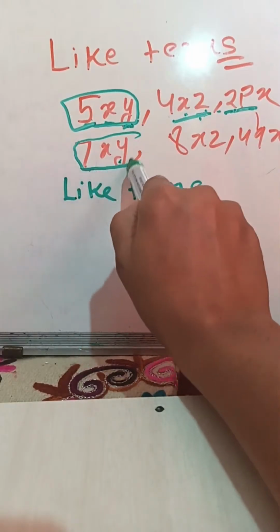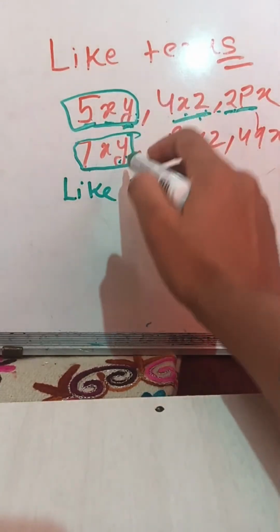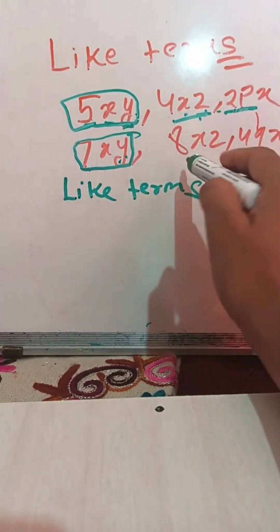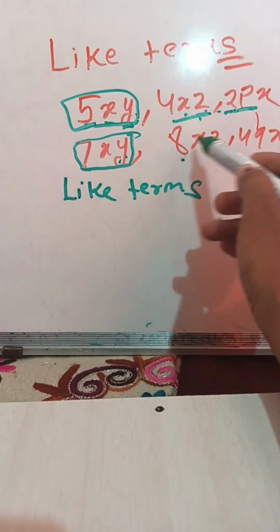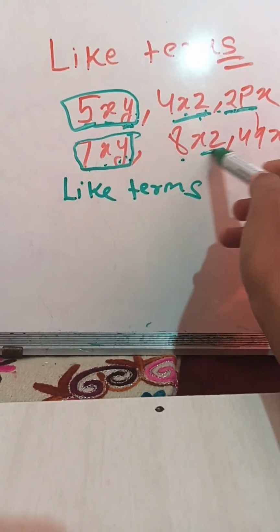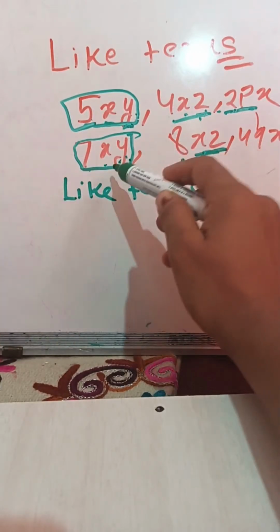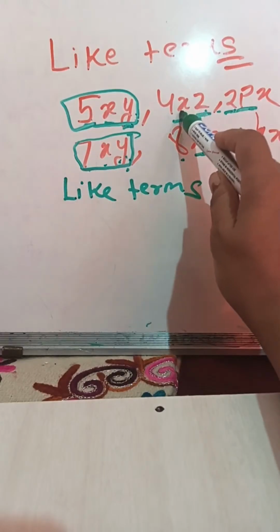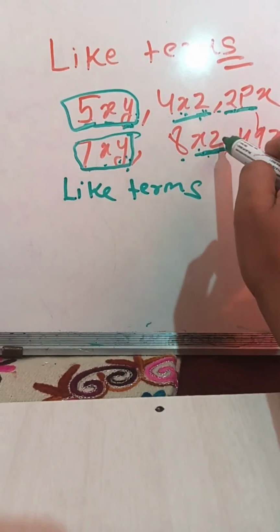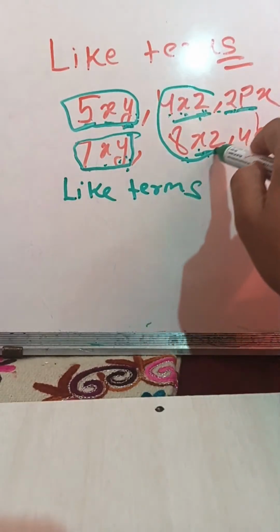All factors are the same, hence both of these are like terms. Next, 8 is a constant, x also x, but here we have z, so it's not a like term. But here we have x, z, and constants, hence both of these are like terms.